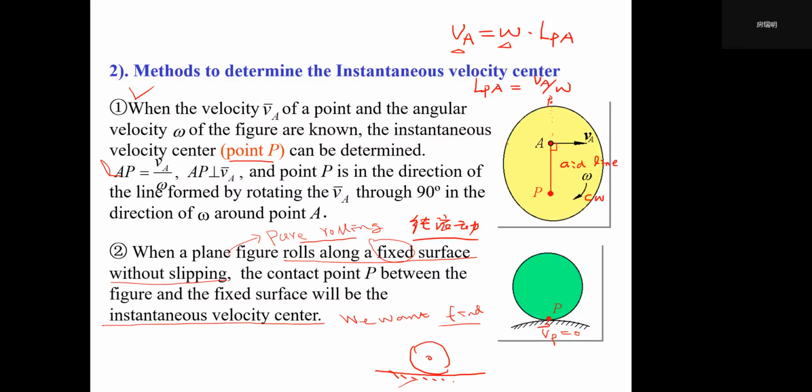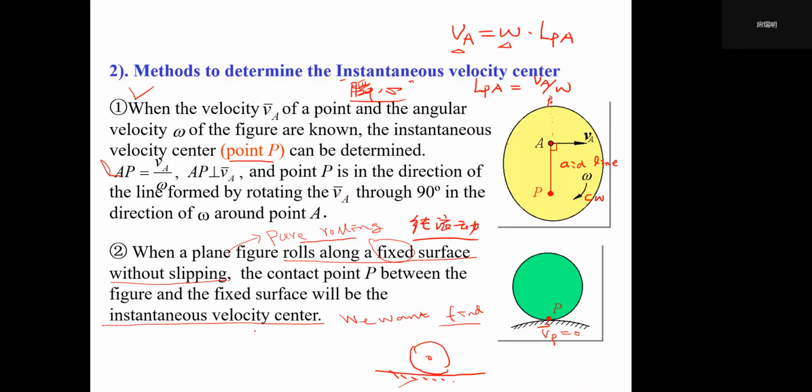It's very complicated to say these three English words, but in Chinese we just use two characters, 瞬心, right? A few Chinese words can deliver more information compared to the English words. So we just call that 瞬心. But if we express that in English, we have to say the instantaneous velocity center. So this is the case.